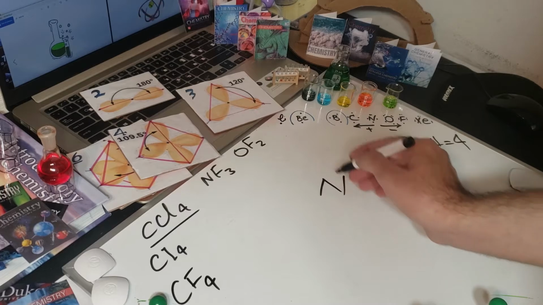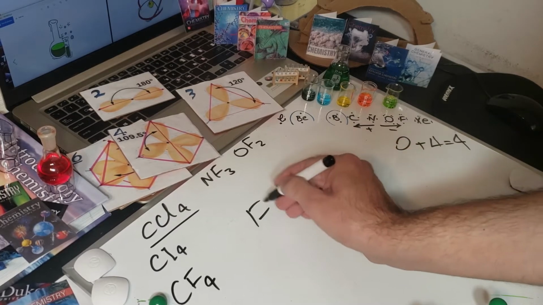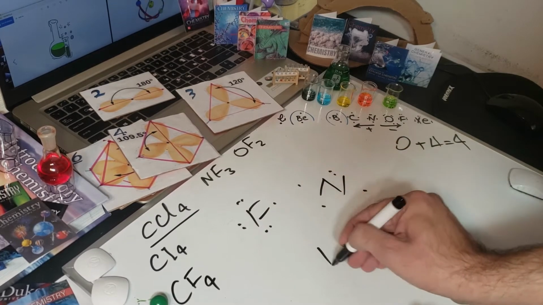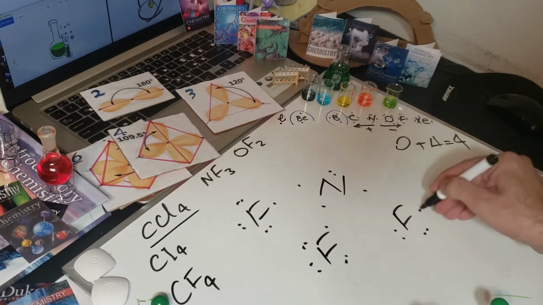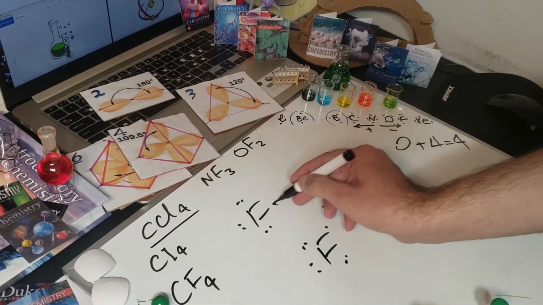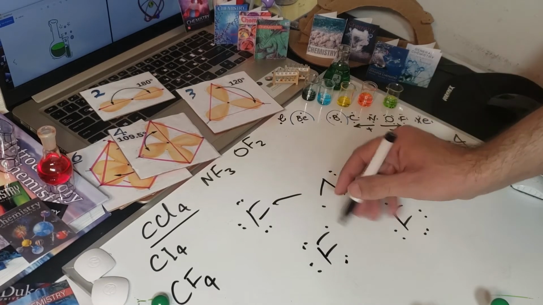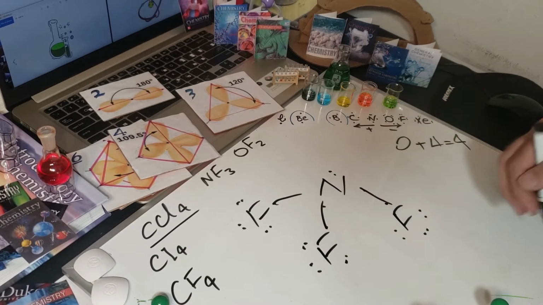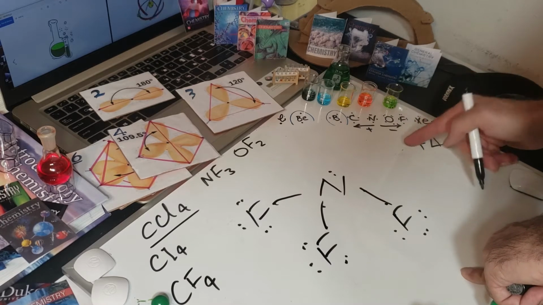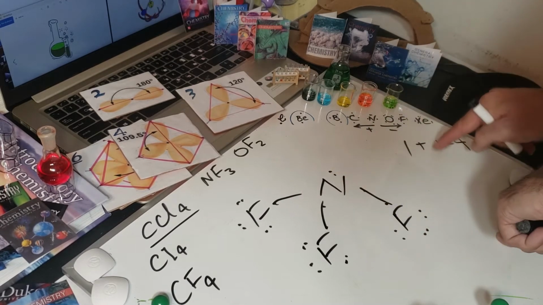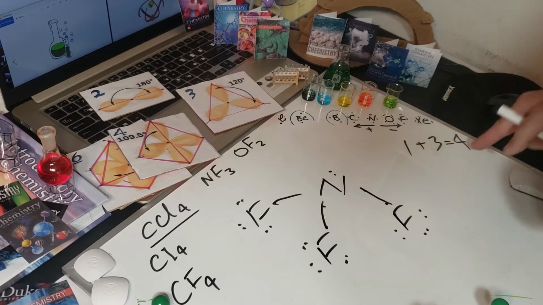NF3, nitrogen group 5, fluorine group 7, so 3 lone pairs and 1 single unpaired electron. So you could share, as I do so, fluorine is satisfied, this fluorine is satisfied, and as I do this, the 3rd fluorine, nitrogen would also be satisfied. Here 0 lone pair, my bad, 1 lone pair and 3 surrounding atoms.